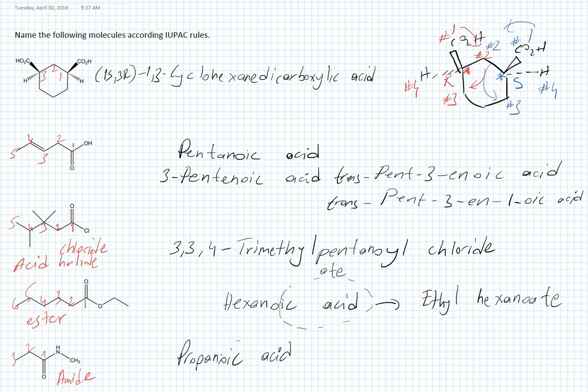So what's the rule? Again, the oic acid part has to be replaced with the amide suffix. So it's going to be, I'm writing here, propanamide. Okay, but this name will be correct if this methyl was hydrogen.